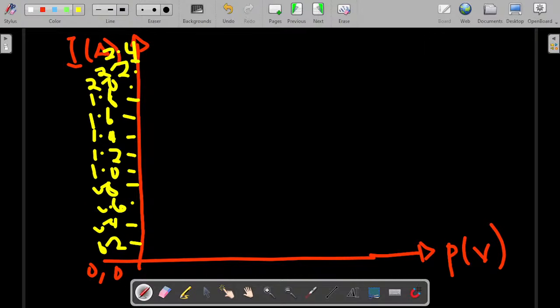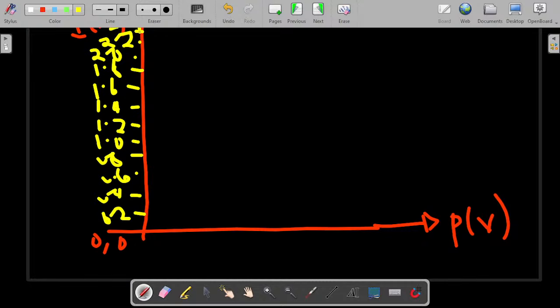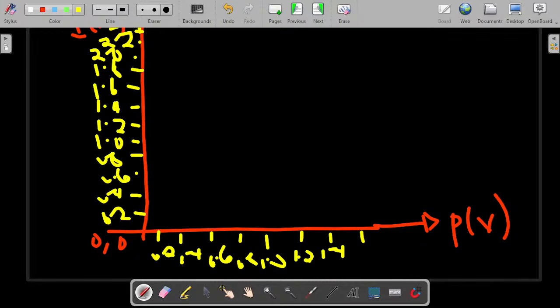Right? I'll do the same thing here: 0.2, 0.4, 0.6, 0.8, 1.0, 1.2, 1.4, 1.6, 1.8, 2.0.